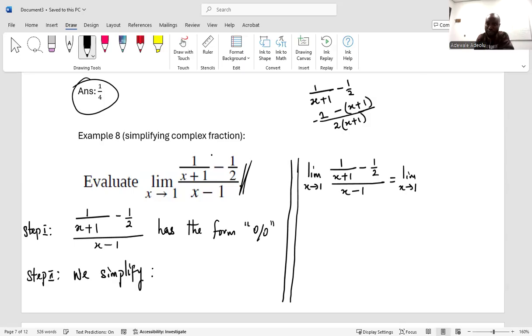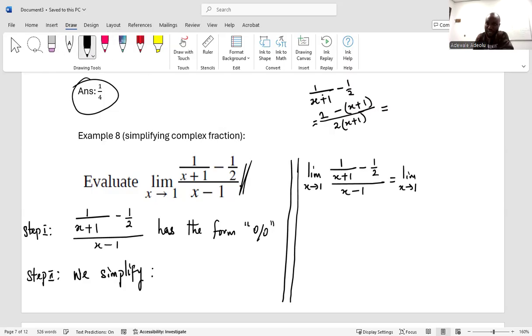I hope what I'm doing here makes sense to you. It's just like if you have 1 over 2 minus 1 over 3. You find the lowest common denominator, which is 6, then you work this out. It's the same thing I'm doing there.